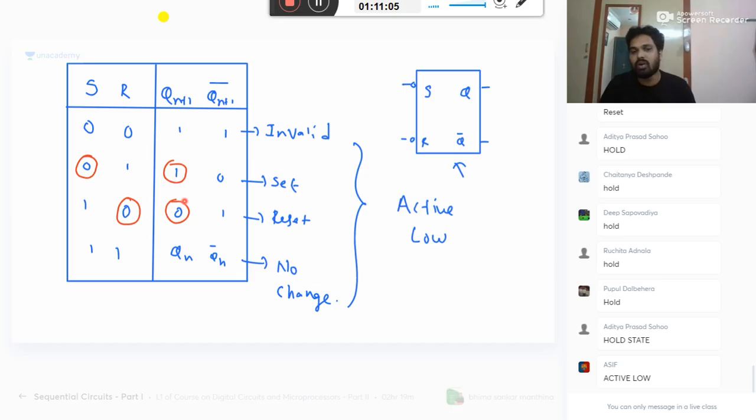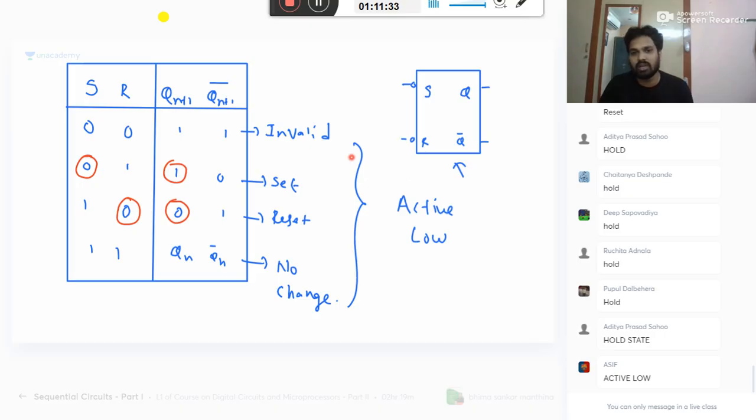That is the reason we call it an active low case. Now you understand the reason for S on top, R at the bottom. When S is 0, it will give you set. When R is 0, it will do reset. That is, when the particular input is 0, it will do the set or reset. Don't misunderstand, this is an inverter. It is just to indicate that they are active low cases.